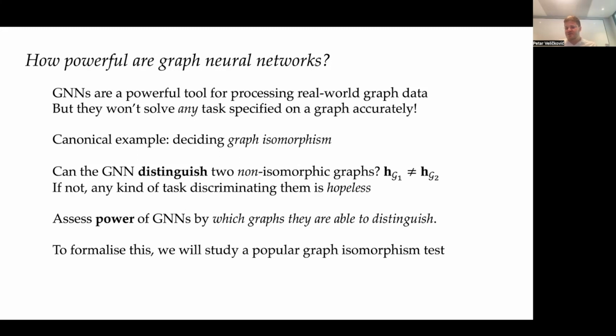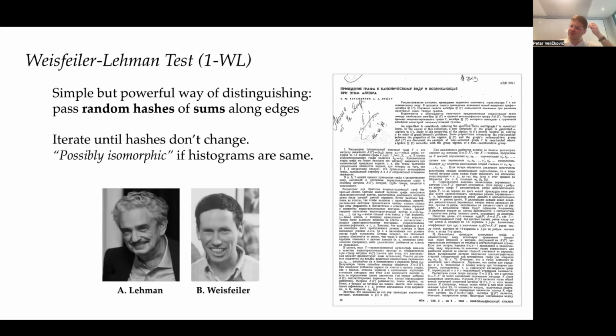And to make this truly formal, we will look at a popular graph isomorphism test, which is known as the Weisfeiler-Lehman Test, or the 1WL, which is a simple but powerful way of distinguishing graphs. It passes random hashes of sums along the edges and just iterates until those hashes stay stationary.